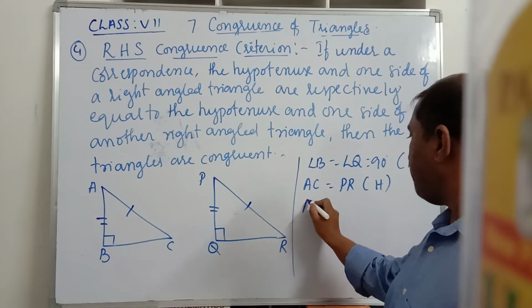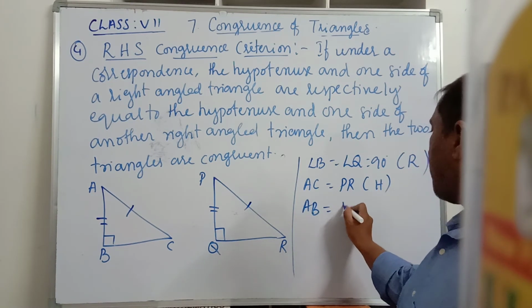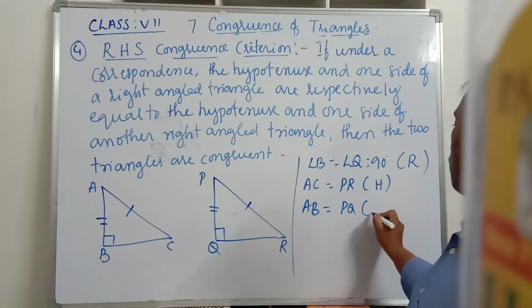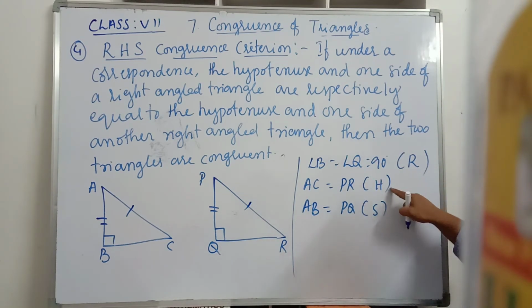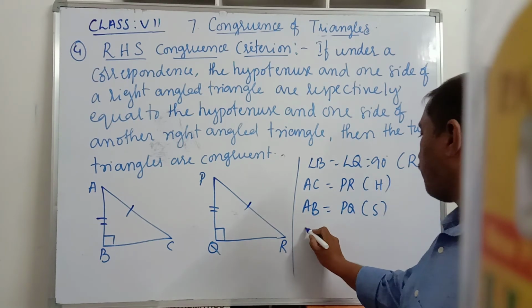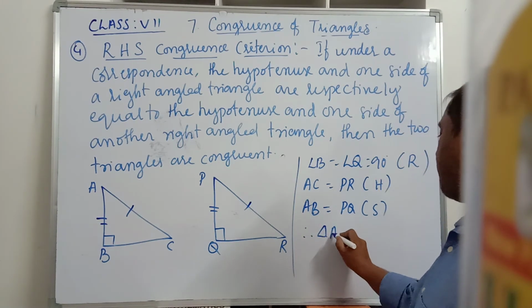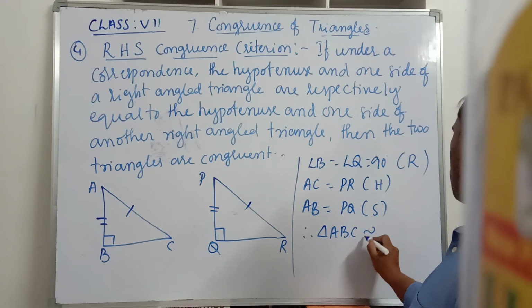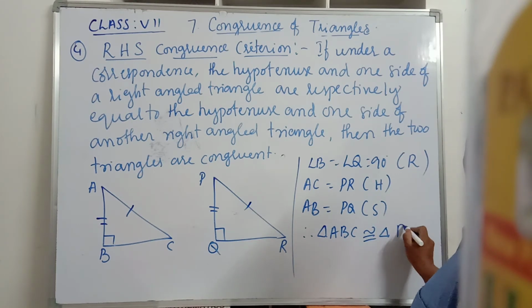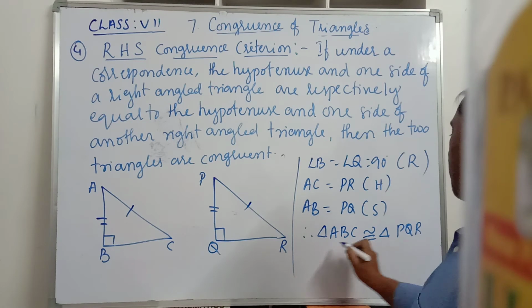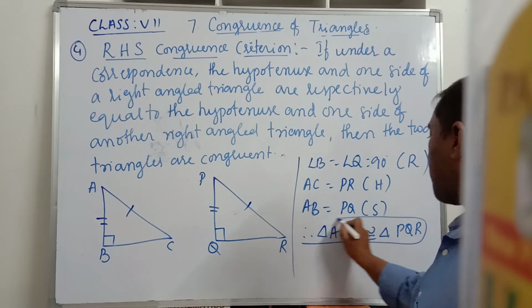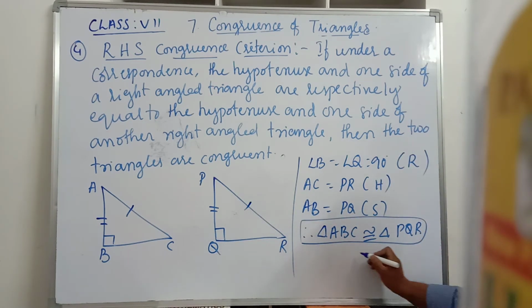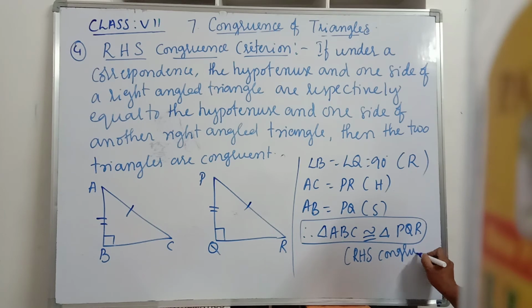And the side AB is equal to the side PQ of triangle PQR, that is S for side. RHS: right angle, hypotenuse and side. Therefore triangle ABC is congruent to triangle PQR. Under which congruency criterion? Yes, it is the RHS congruency criterion.